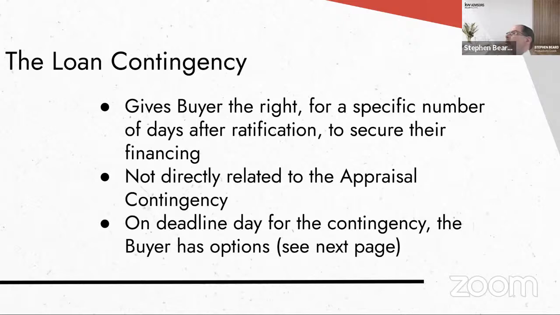Okay, let's talk about the loan contingency. When a buyer has a loan contingency in their transaction, they have the right for a very specific number of days after ratification to secure their financing, to get their money in place. What does ratification mean? Approval. Approval of what?